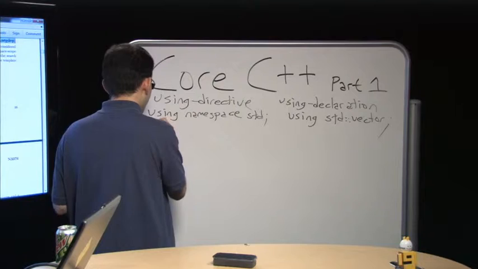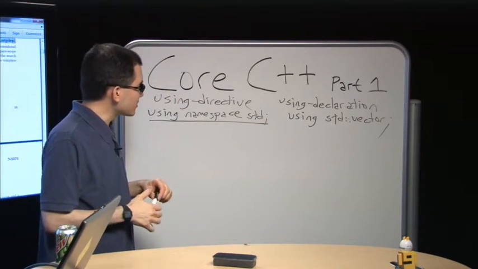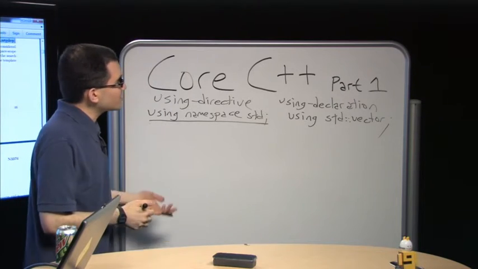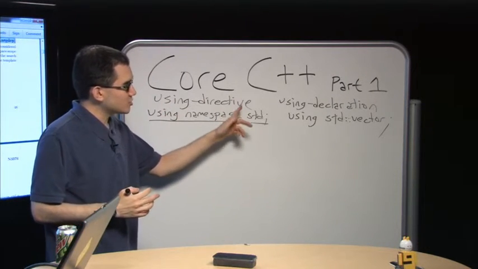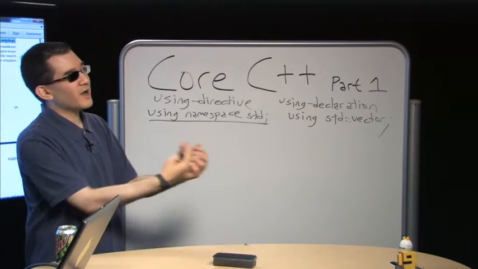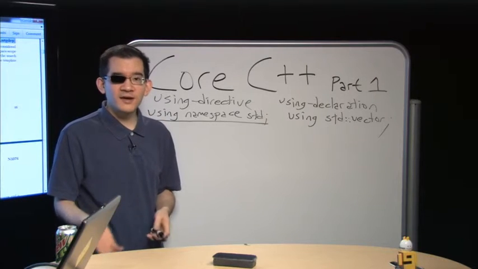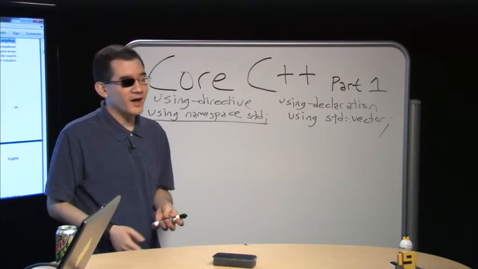This is the one that most people see on day 1 in their Hello World programs that simply drags everything in. So a using directive says, I want to take all the names in std and drag them out. That's how I think of it. I'm just dragging all of those names into the global namespace. So then I can refer to anything that lives in namespace std unqualified.